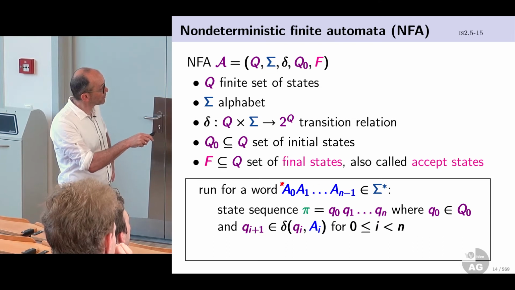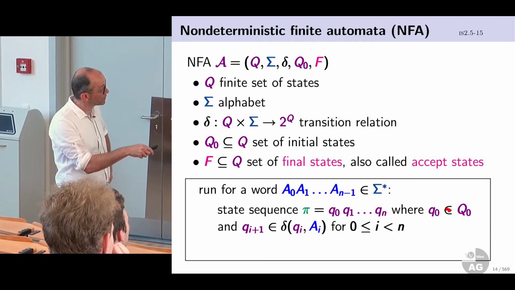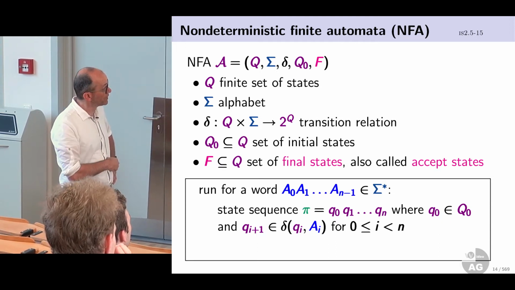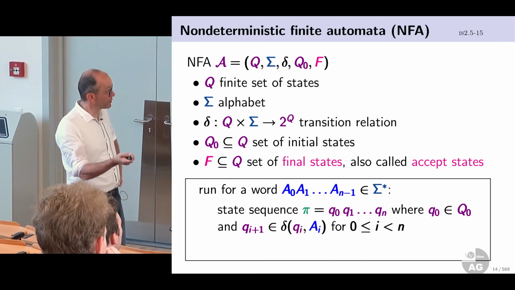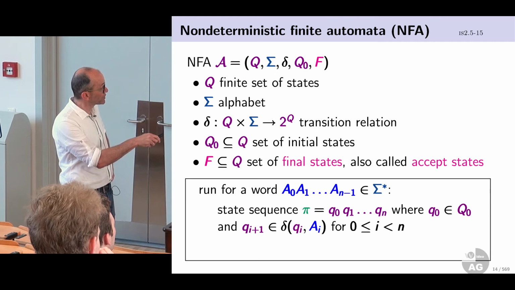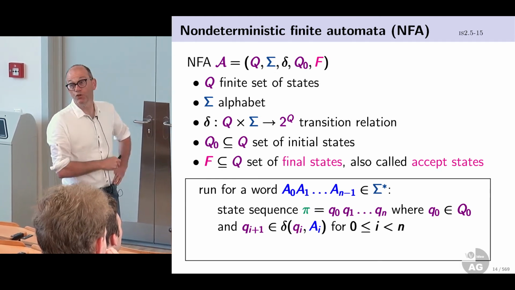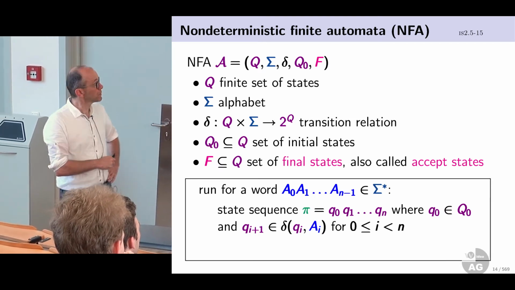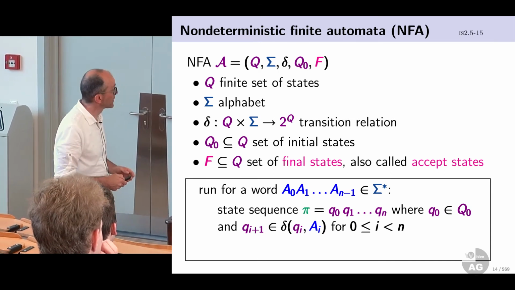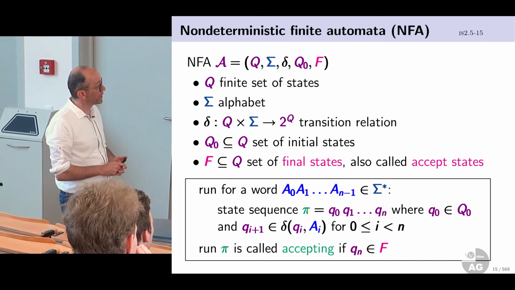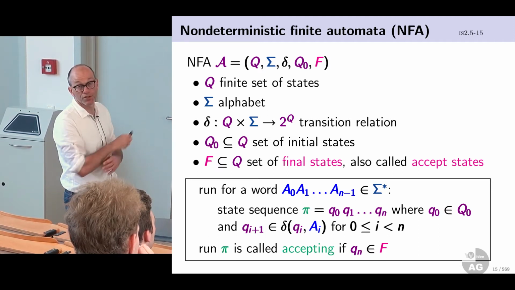It contains one state more than the number of symbols in the word, such that we start in some initial state, Q0 belongs to the set of initial states, and there is a transition in the automaton labeled with the next input symbol that leads you from the current state Qi with the input symbol Ai to the next state Qi plus 1. Good. That's the ordinary standard acceptance condition of automata. And we call a run accepting if the final state, Qn, is an accepting state.